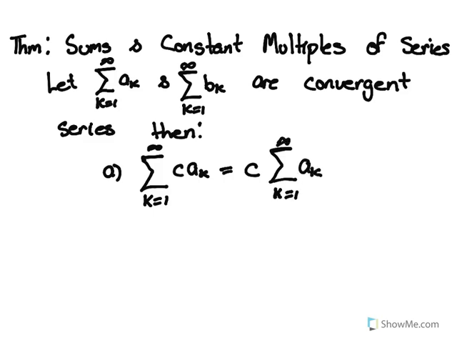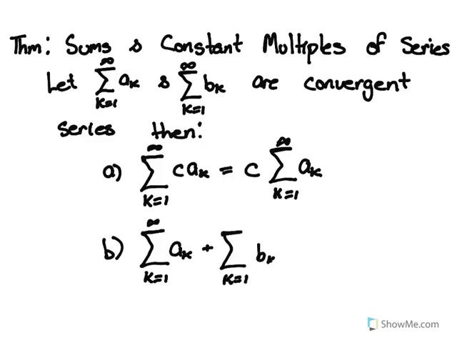Okay. And B, the sum of the two series, the series of a_k plus the series of b_k, is equal to the series of the sums of each term, so a_k plus b_k from k equals 1 to infinity.